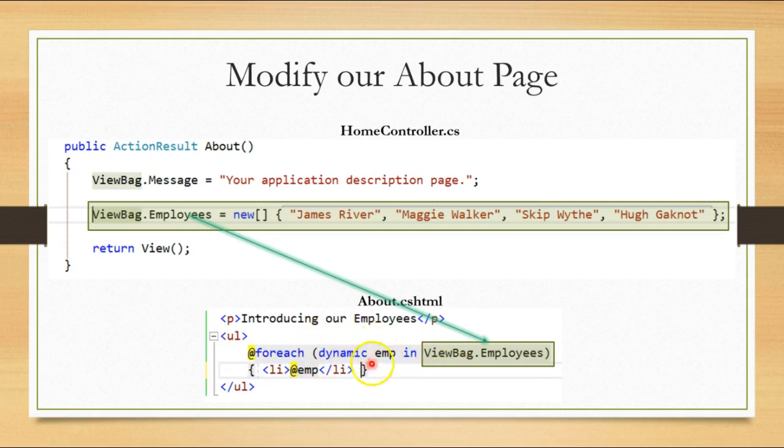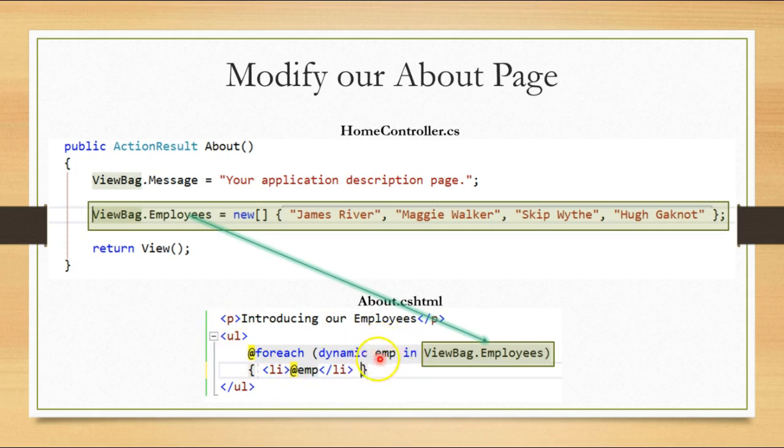The data type is dynamic, and we'll discuss that later. And we have viewBag employees down here. So we want each employee, which is a string here. And we're going to wrap those around a LI, which is a line item as part of an unordered list.